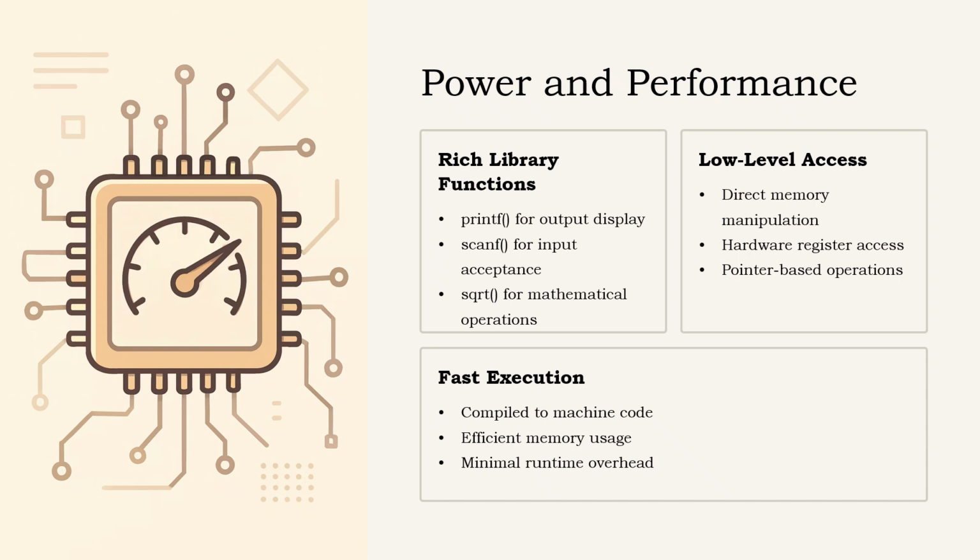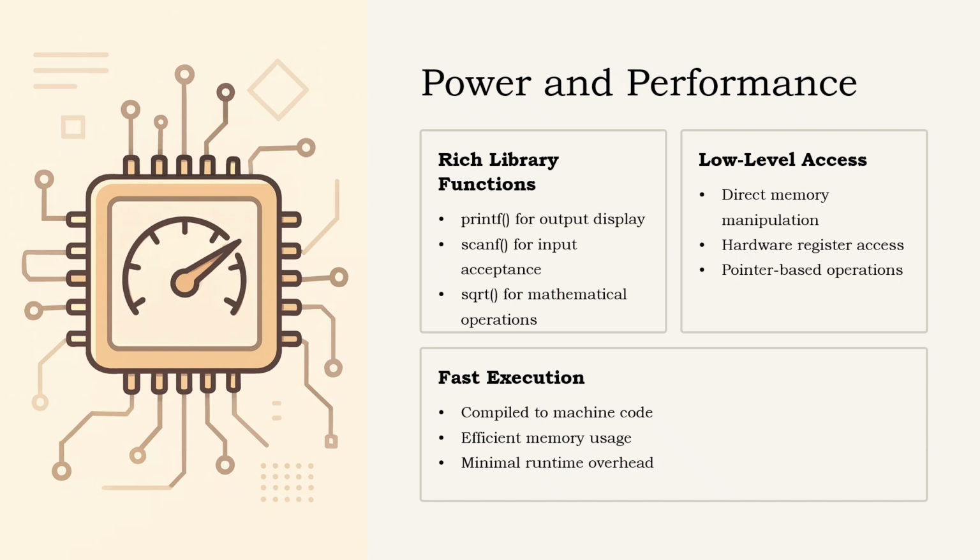It has a rich set of library functions. C provides a large set of built-in library functions that make programming easier. There are so many functions available in header files, which are defined using the hash include header file. When you come to programming, you'll be learning these header files. For example, printf is used to display the output.